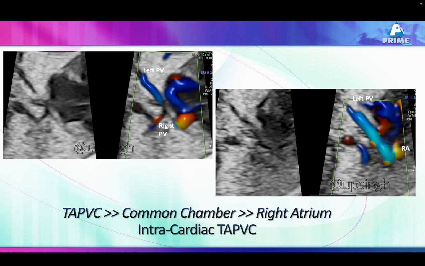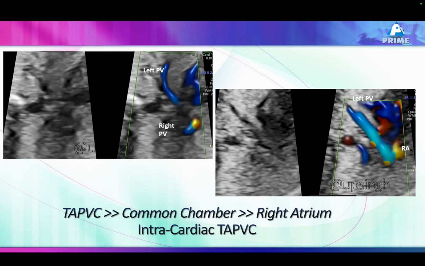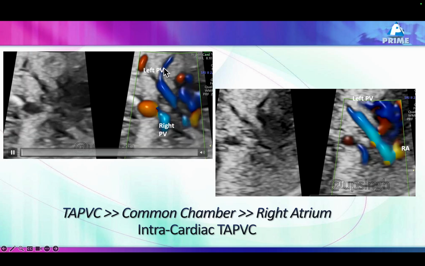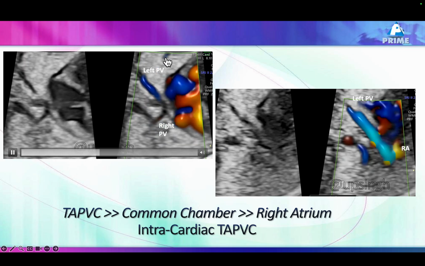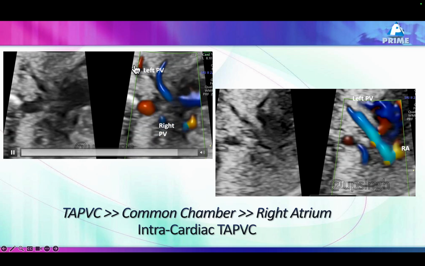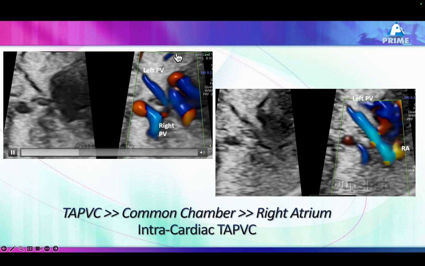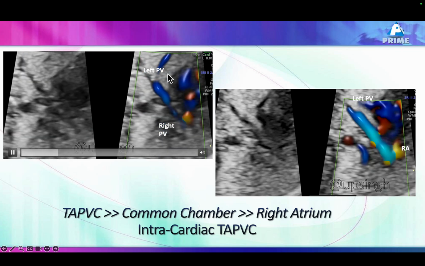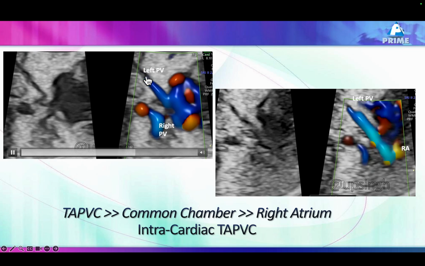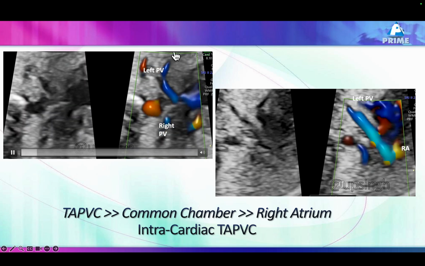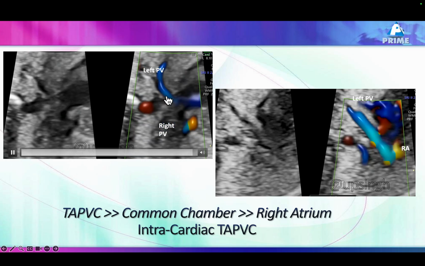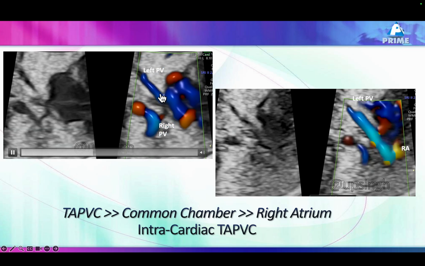Now let's come to the next step of the diagnosis, that is total anomalous pulmonary venous drainage. Look at this left panel. This is the left pulmonary vein, the left lower pulmonary vein and left upper pulmonary vein. Left lower comes with an angle from the border. It actually circles the left heart border. The left upper and left lower pulmonary veins join together here, and they do not enter into the left atrium.